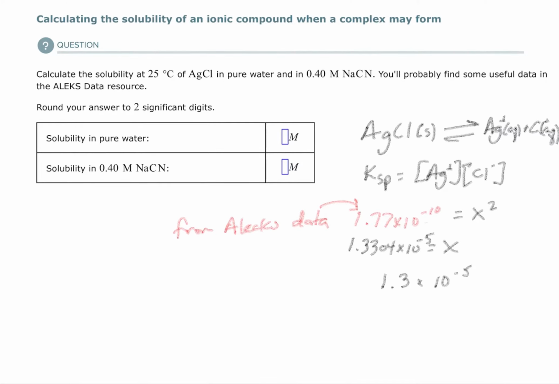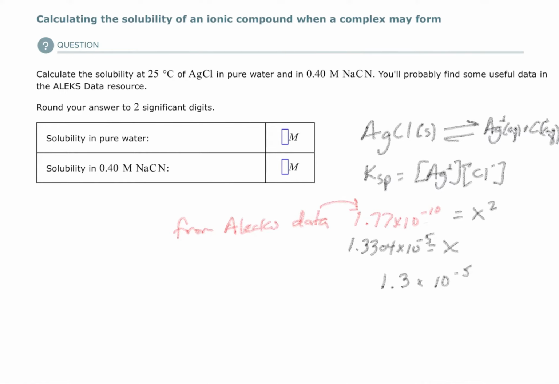When I did, I first of all wrote its solubility expression. I just wrote a reaction. You have silver chloride solid, which is breaking apart into silver ion and chloride ion, both of those aqueous. Remember that silver chloride is solid, so you would ignore that when you do a solubility equation.